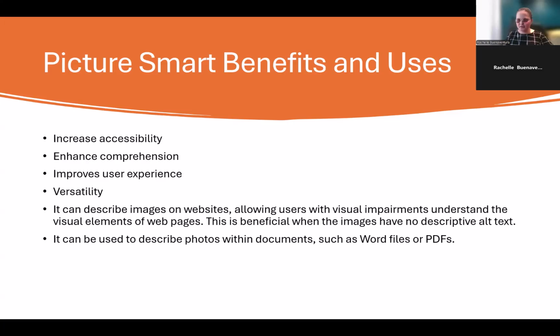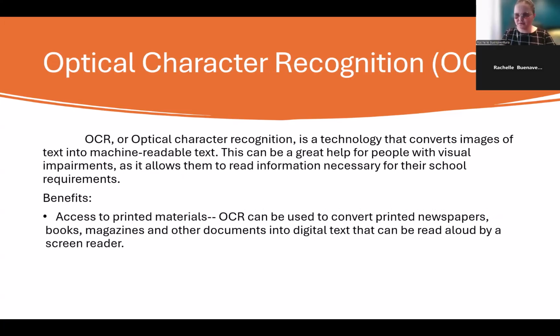And then versatility. It can also be used with a variety of image formats. As I told you earlier, it can be used with text, such as web browsing, document reading, and even with images on the user's computer. So you have many options for that. Bullet: can be used to have no descriptive alt. Bullet: can describe images.